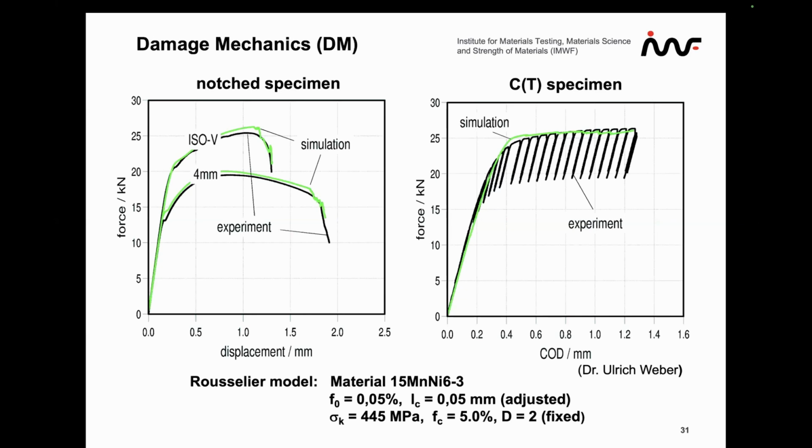If you have the parameters in hand, that is the initial void volume fraction, particles which develop voids like manganese sulfides or alumina particles, the distance between the particles from the experiment, here parameters sigma k and d, which are either depending on the material or fixed, and then a critical void volume fraction. I come back to that in a minute.